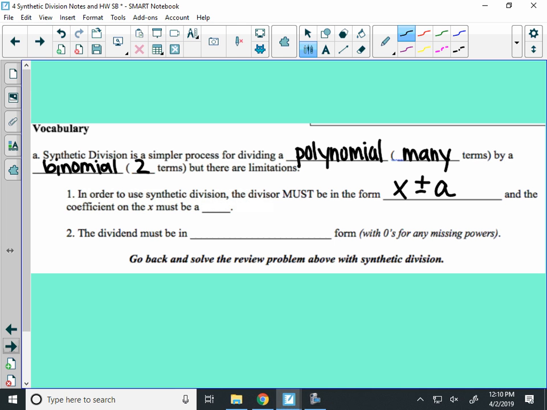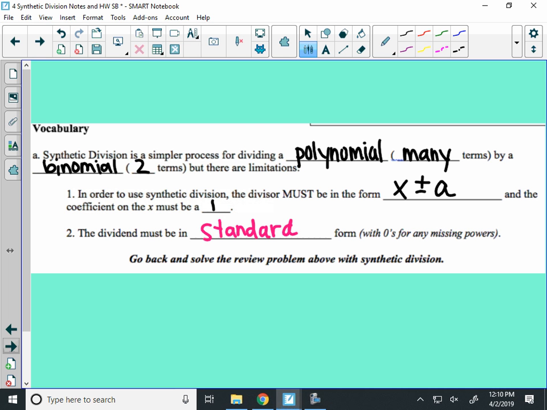The coefficient on the x has to be a 1. So you can't divide by x squared, you can't divide by 3x. It has to be just x plus something. So that's the only limitation on synthetic division. The dividend, the thing you start with, the original polynomial, has to be in standard form, just like long division. All right, so you have to have zeros as placeholders.